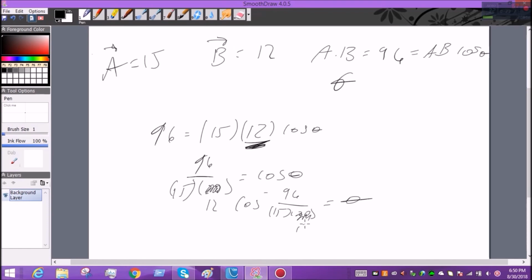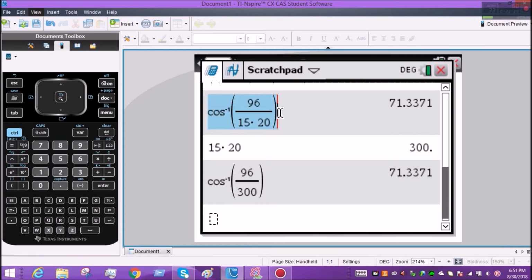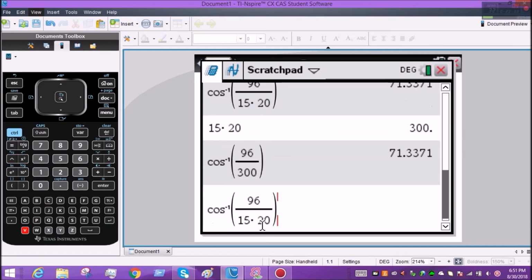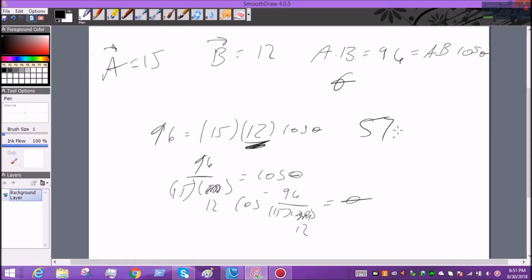If we quickly change this, select all of this, Control C and Control V, and turn that into 12, we get an angle of 57.77 degrees equals theta.